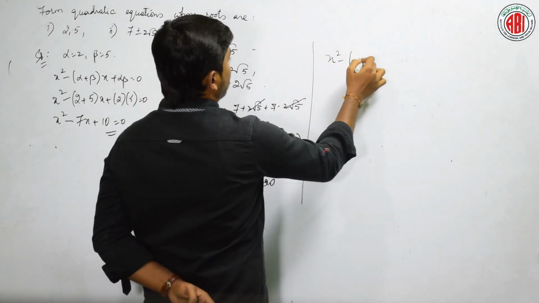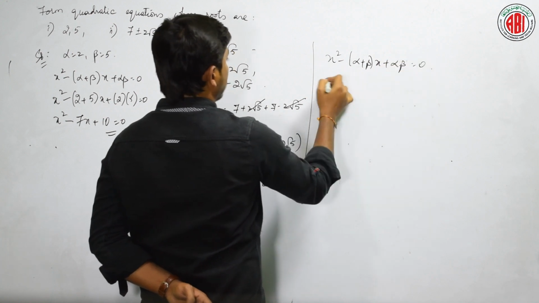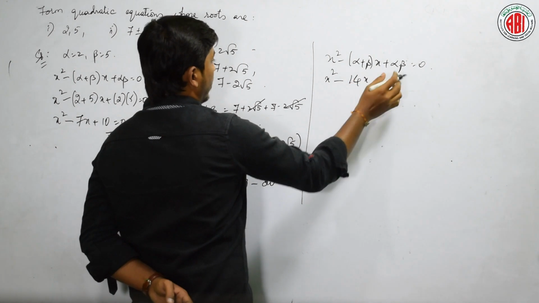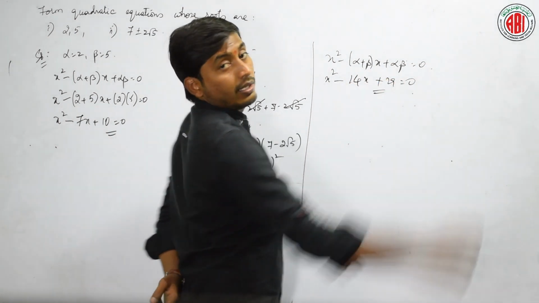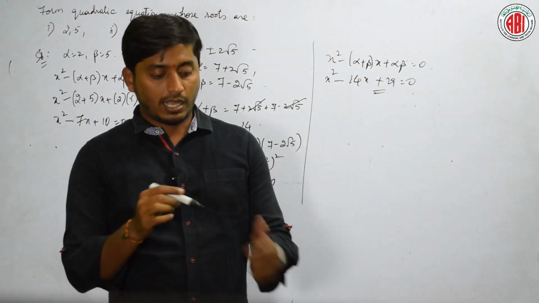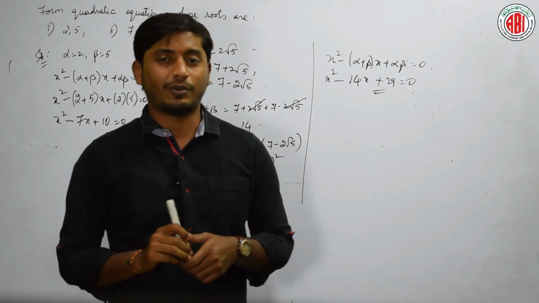X square minus alpha plus beta into x plus alpha beta is equal to 0. That is x square minus, what is alpha plus beta? 14. What is alpha beta? This is 29 equal to 0. Clear? So, this is how we will find a quadratic equation when the roots are given. Clear? Shall we move on to the next problem?